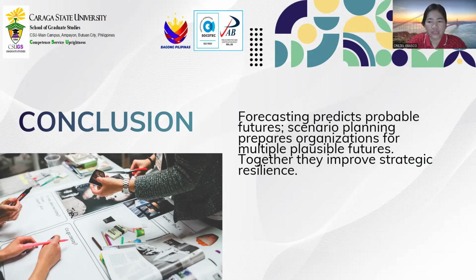In educational leadership, combining both approaches enhances organizational resilience, improves decision making, supports policy development, and strengthens long-term sustainability. As future educational leaders, we must embrace strategic foresight to navigate increasingly complex environments.